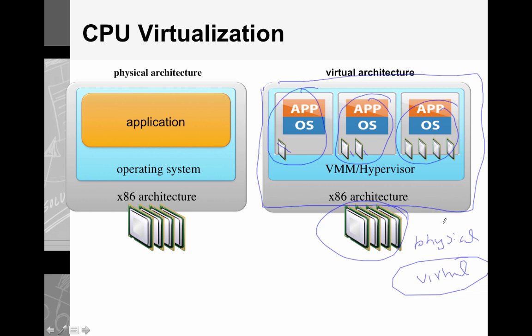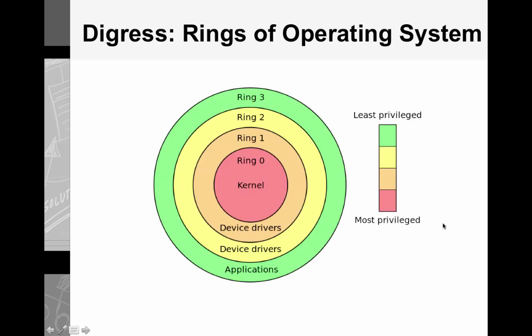Now, in order to understand this, we need to understand what is called the rings of the operating system. It so happens that you have hardware, and then you have the operating system running on the hardware, but it doesn't really just run as a process. In the hardware and the operating system, there are these rings. Ring 0 is the most important ring.